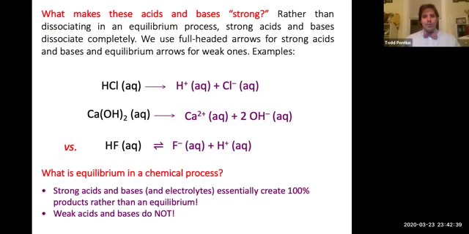So strong acids and bases, and strong electrolytes in general, essentially create 100% products. They go all the way to completion, all the way to products, whereas weak acids and bases do not.